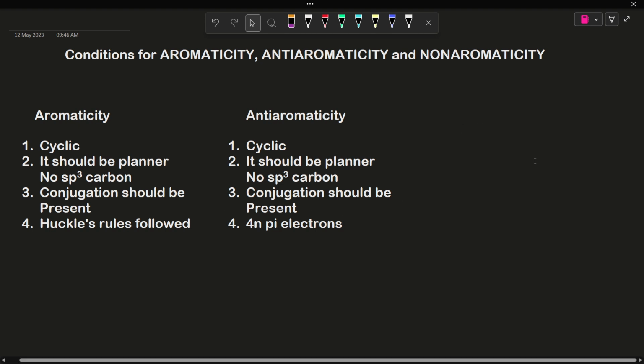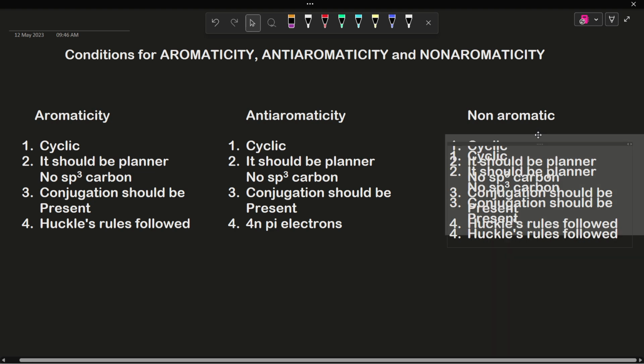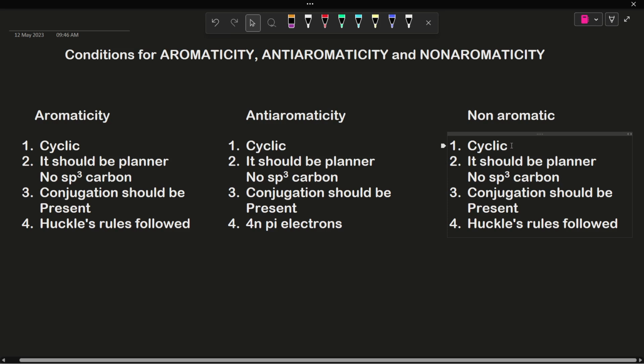Now, what about non-aromatic compounds? Let's also write them down. What are the rules to classify a compound as non-aromatic? They are almost the same, but there is free will for them.